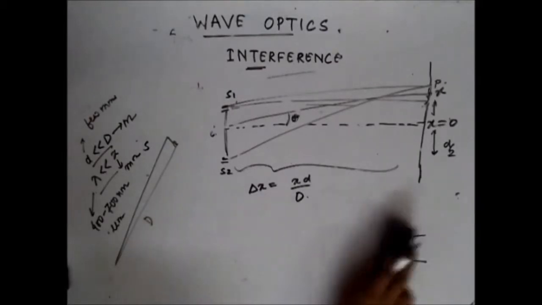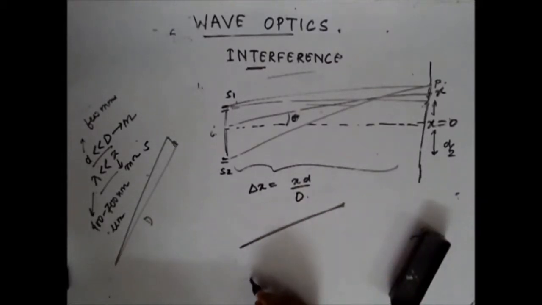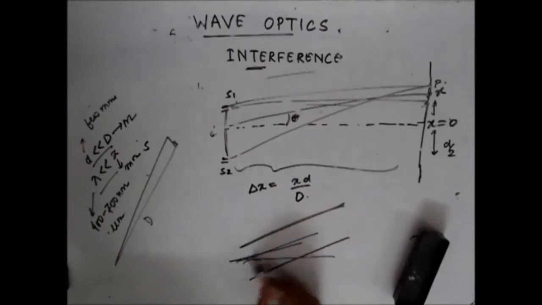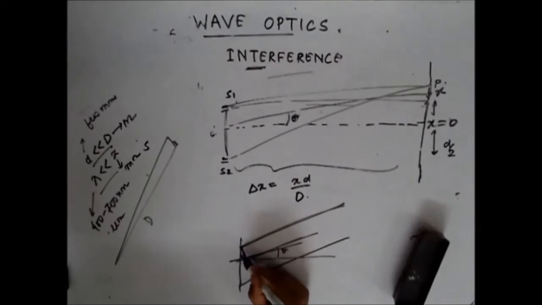That means the wave coming from s1 and the wave going from s2 are approximately parallel. So if they are parallel and this angle is theta, this angle is theta, that means this angle is also theta, right?